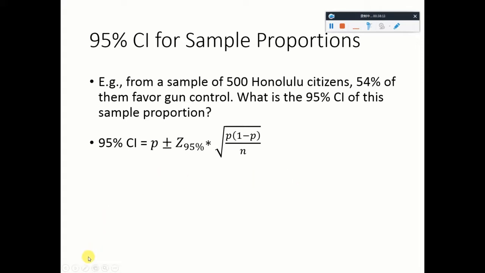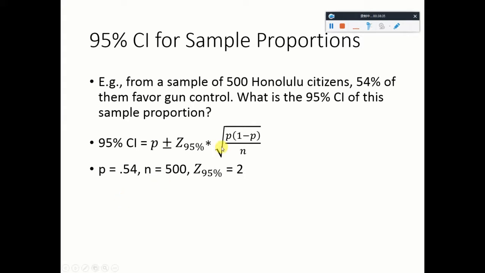And then we know that p is 0.54, that's from the question, and n is 500. And we know from the table in the previous slides that the z-score for the probability level of 95% is 2.